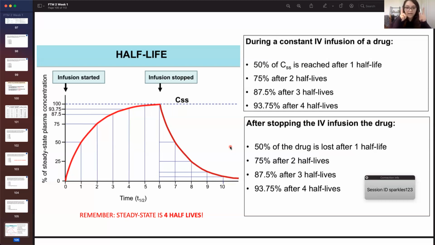So I can say, if I started with this, I have 50% of it now, then I've only used one half-life. So I can figure out the time frame that one half-life is and how much of the concentration is being either gained or lost in one half-life. And then beyond that, you are just using the question stem to figure out, okay, where am I trying to get?